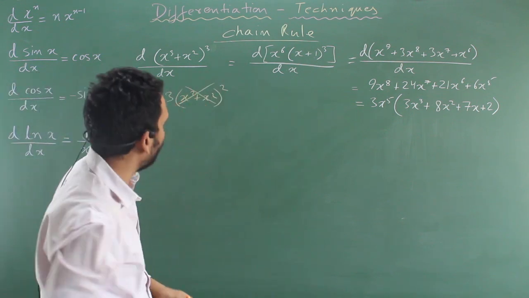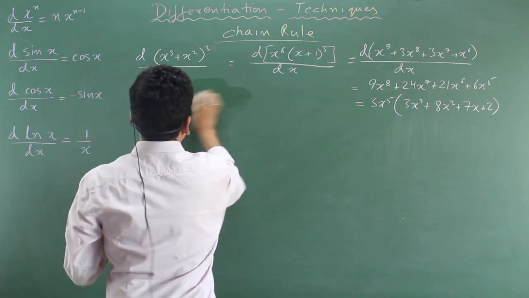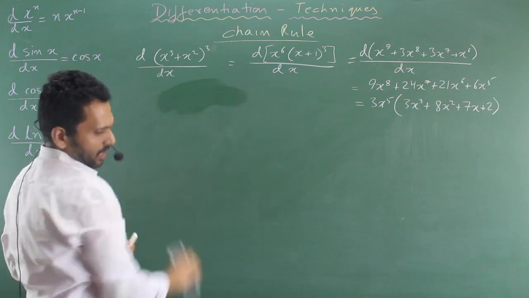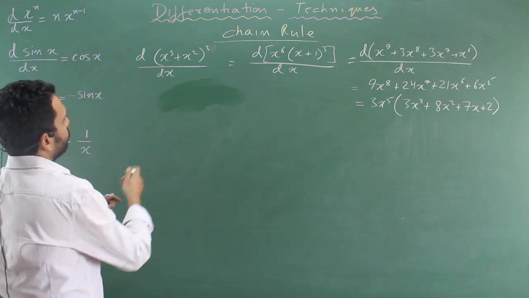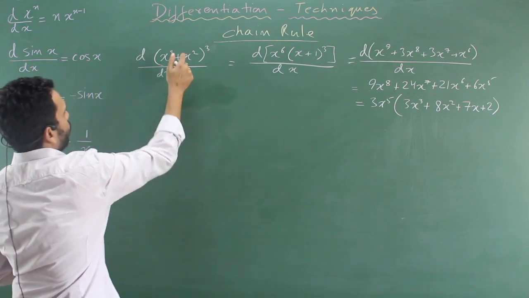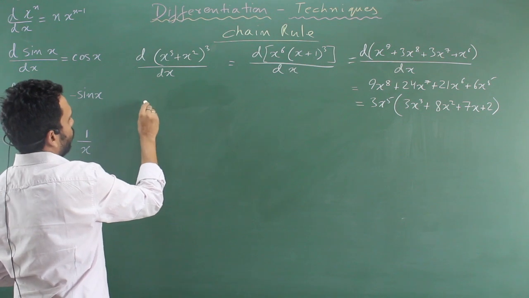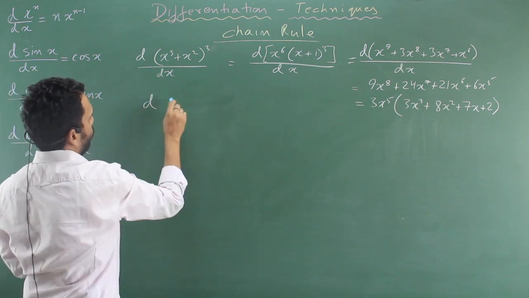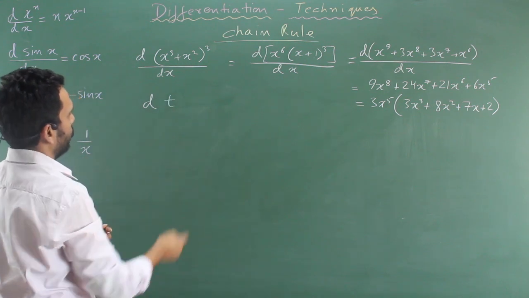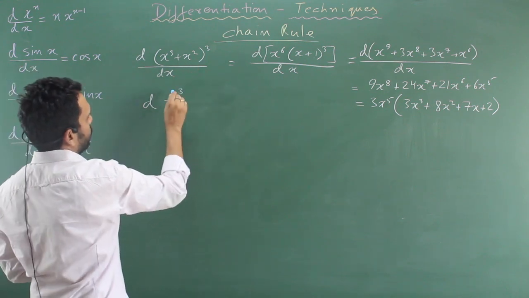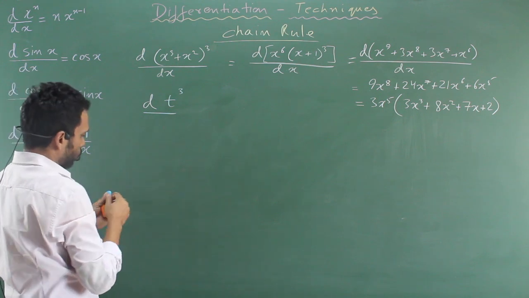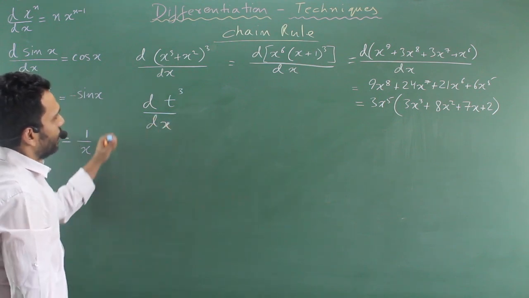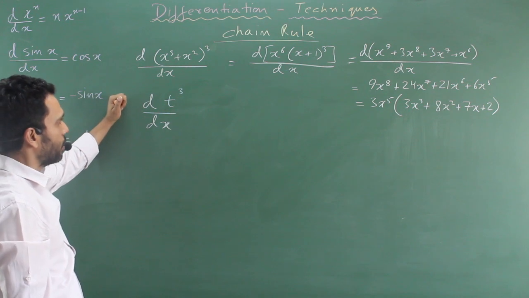So what will be the right answer? How to do it? If it is a complicated term, and we want to imagine that term as, right now for you I'll be writing it as, say, a different letter. Later on, I would avoid writing a different letter. Imagine that was t. So it's t cube, and differentiation with respect to x is asked.